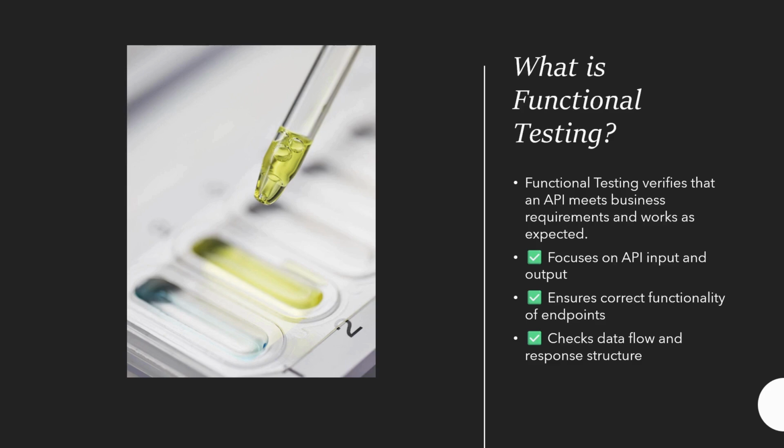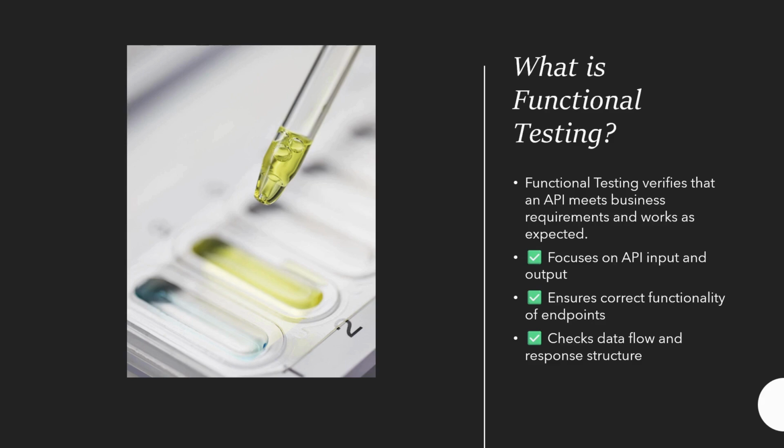Is the application performing according to expectation or not? If not, then what is the behavior in those cases? Everything, including the functions and the inputs and outputs of a particular application, is included in functional testing. You have to make sure everything is working as expected.